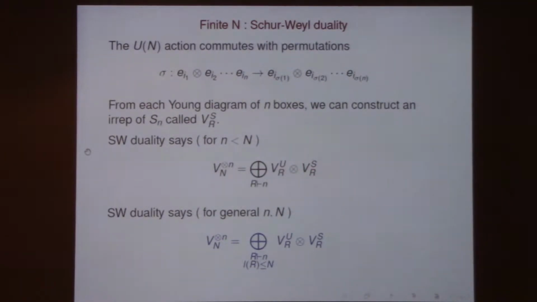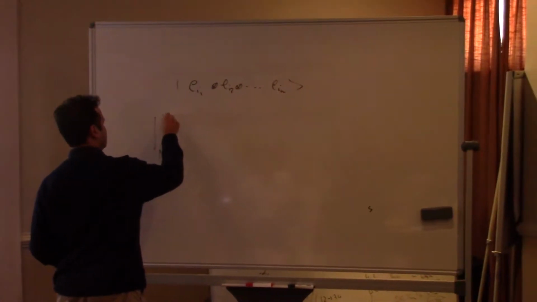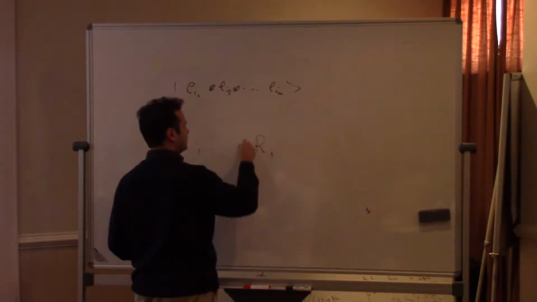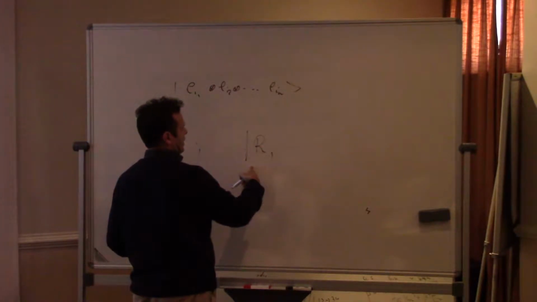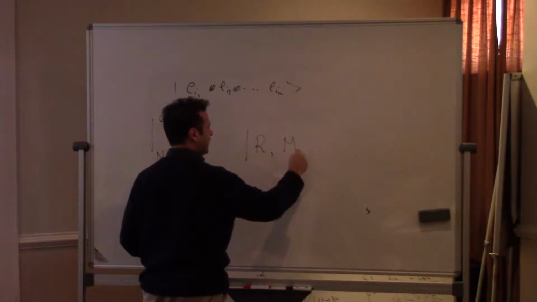So what that means is that in this vector space, where you have E_i1 tensor E_i2 tensor up to E_in, that's one basis for this space, V_N tensor little n. There is another basis which is labeled by Young diagrams. And for each Young diagram, you have a representation of U(N).